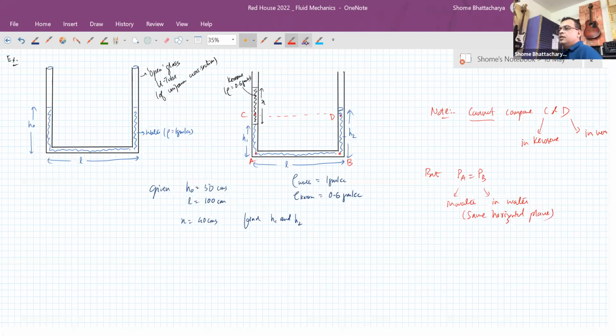Okay, so having understood that, as far as the pressure at A is concerned, we will again have to break down the column of liquid above. So now we'll consider a point like this, E, which is at the interface of kerosene and water.